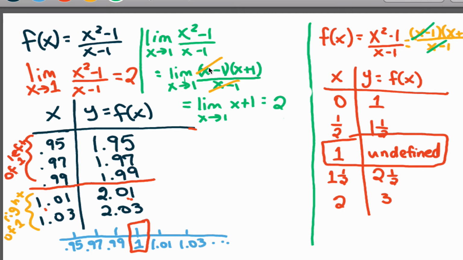As a product of its factors, x squared minus 1 is the same as x minus 1 times x plus 1. Canceling the x minus 1 values, I will have x plus 1. The limit as x approaches 1 of x plus 1 means that I would basically be substituting 1 for the x value, which is 2.